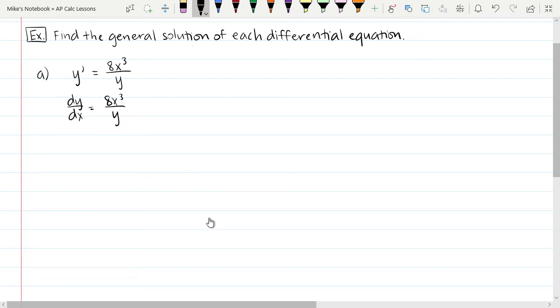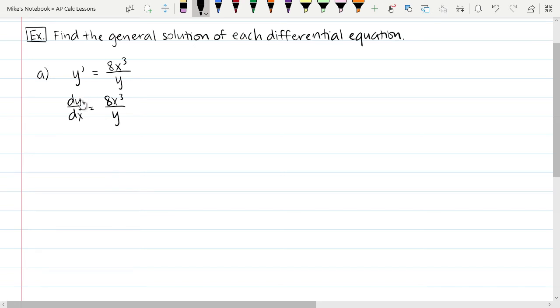Now, why would we want to do that? I mentioned briefly a moment ago that we're going to be using often this method called separation of variables. And the reason it's called that is we are literally going to separate the variables, meaning more specifically, we want to separate everything with a y from everything else.